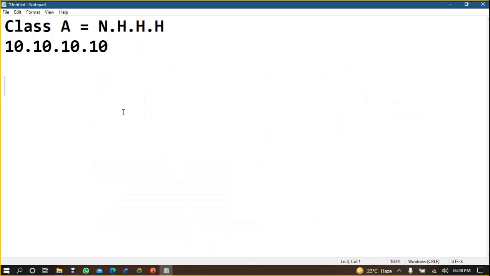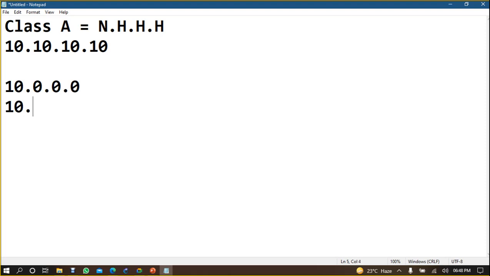Like if I'm writing this IP address 10.0.0.0, can I assign this IP address in the system? No. Very good. Why? Because the host part cannot be all 0. So this is a network ID.